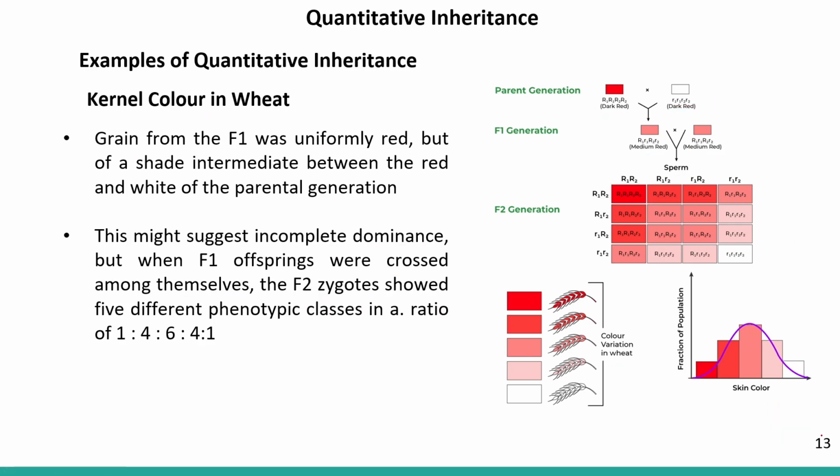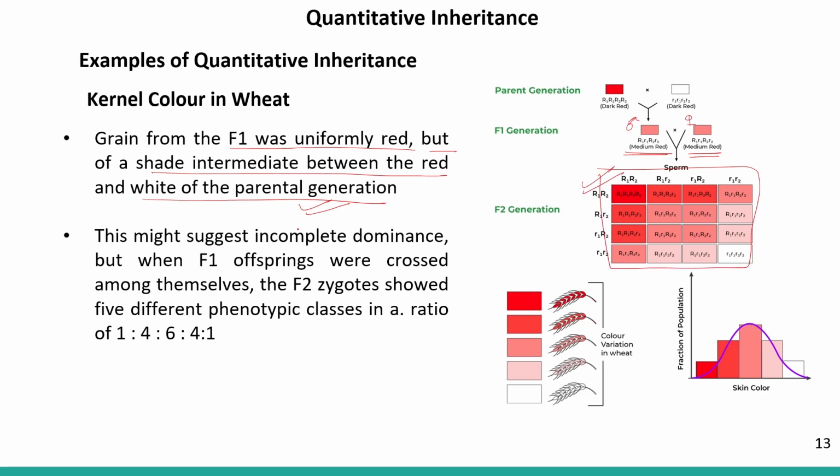So grain from the F1 was uniformly red, but of a shade intermediate between the red and white parental generation. So here we can see it is a medium red. We are taking one as a male and one as a female plant, and we can have so many combinations.